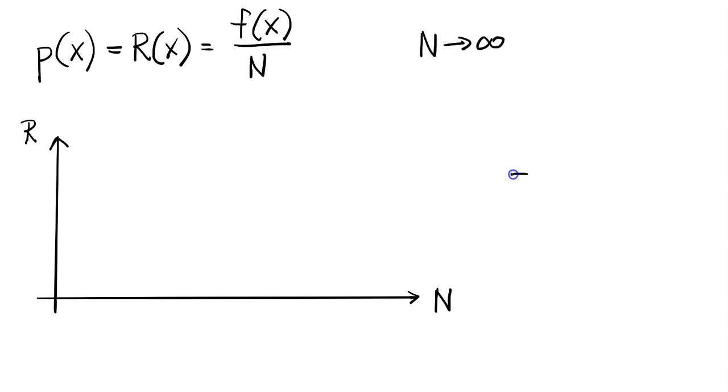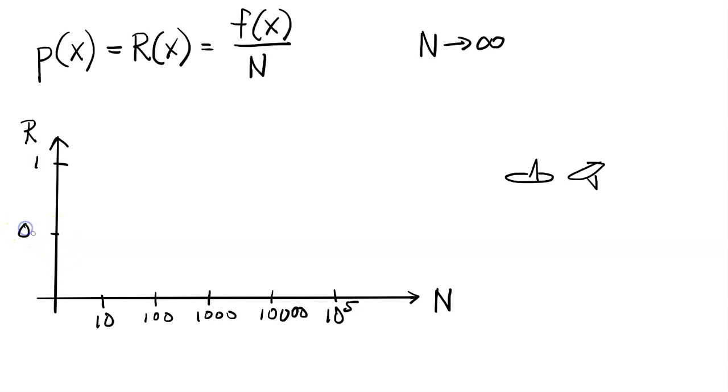And let's now take again the example with the pin. So we have thrown it a lot of times. So let's say we've thrown it 10 times, and then 100, 1,000, 10,000, and so on. Okay, and then on this axis we have the relative frequency. So we have a number between 0 and 1.